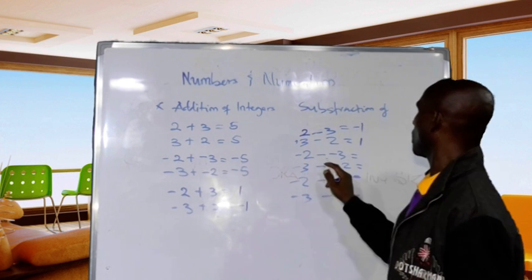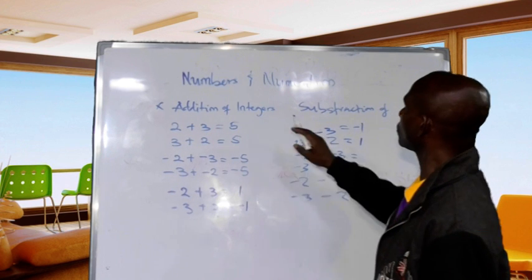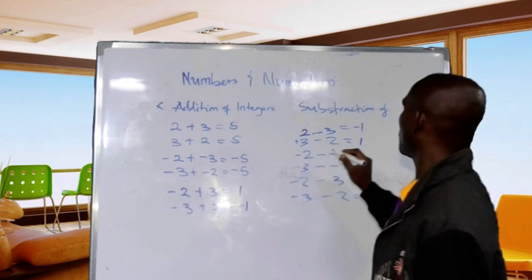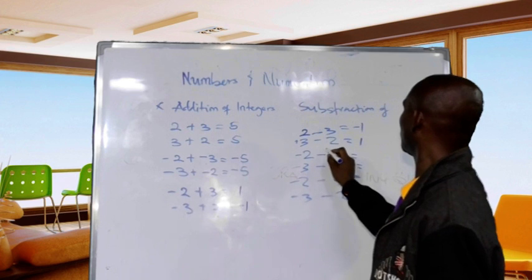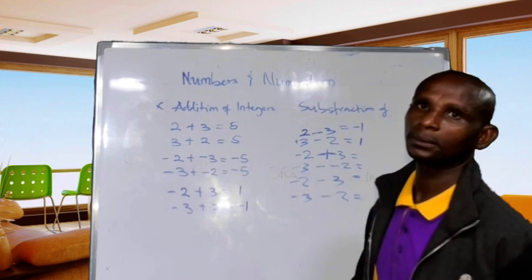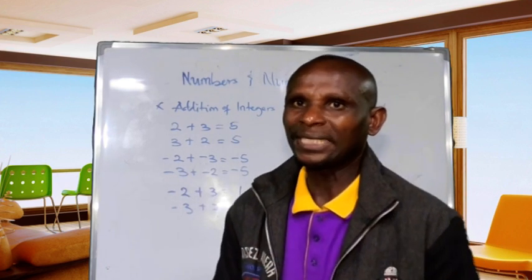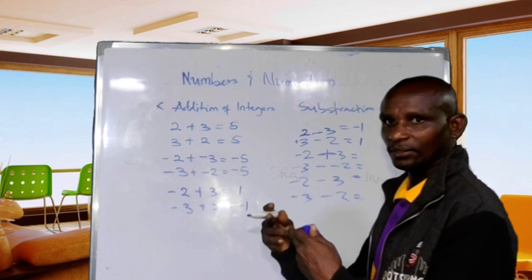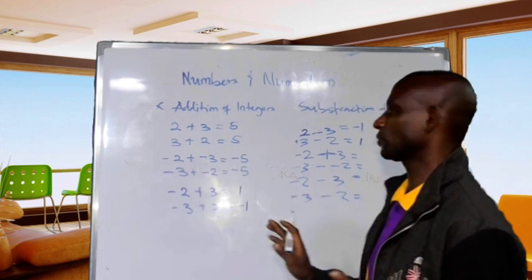In this case, once you have two negative signs, the rule of addition and subtraction of integers says that when you have two negative signs joined together, the sign becomes a plus sign. Have that at the back of your mind. It's an already established rule. When you have two negative signs together, the sign becomes plus.